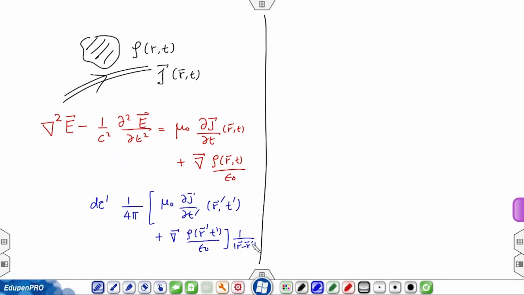This would be the contribution of this at time t prime, and this has to be retarded if I want to calculate the field at r at time t. So, this is going to be multiplied by delta function of t prime minus t minus mod r minus r prime over c, and integrate over t prime. Integrate this and you get your answer for E.